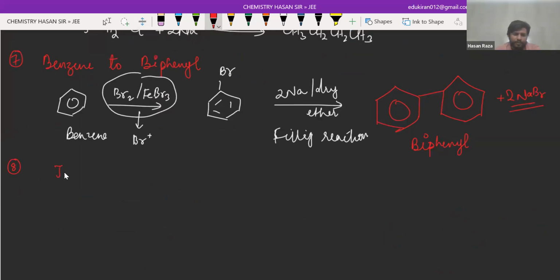The next is tertiary butyl bromide, and we are going to convert it into isobutyl bromide. Very easy it is.